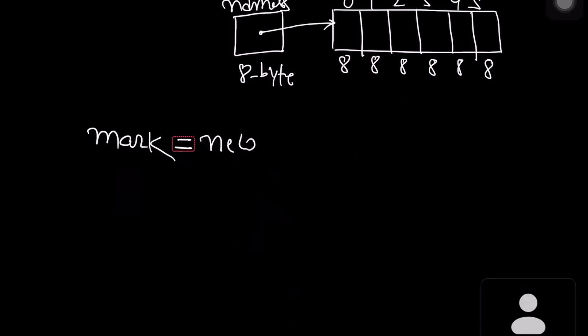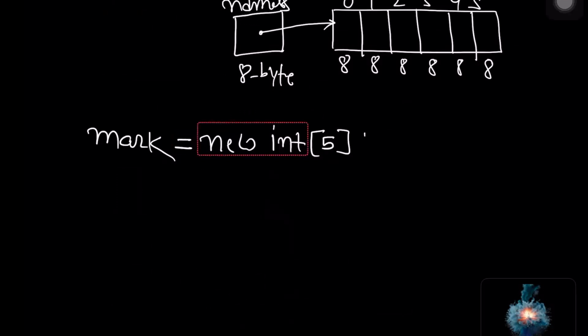Integer type, int. So I will write int here. And then this bracket, and then whatever size you want to store. Let's assume you want to store 5 subject marks. You just mention 5. Close. So this way you can construct the array.